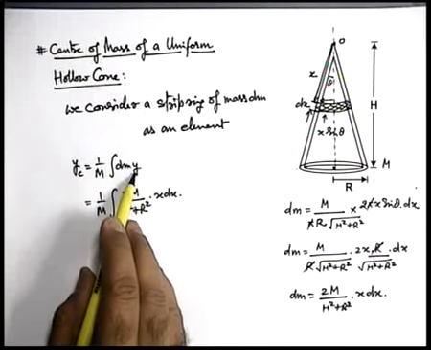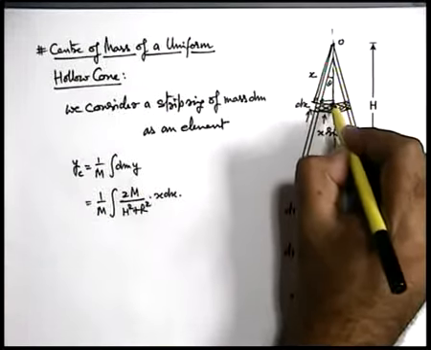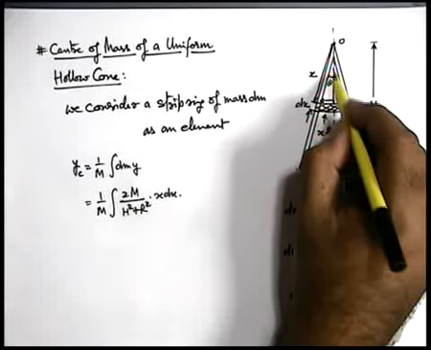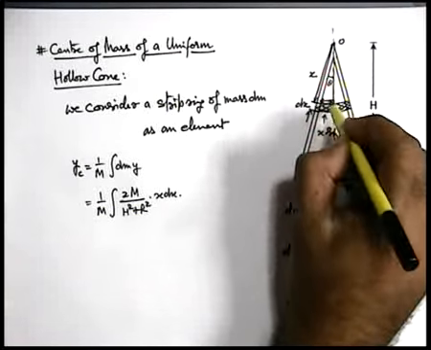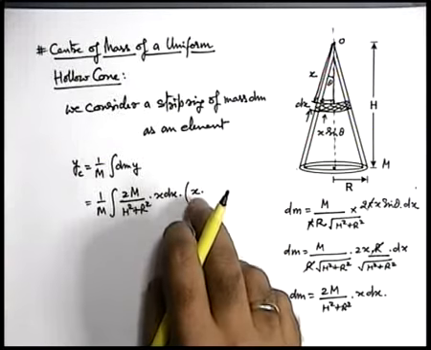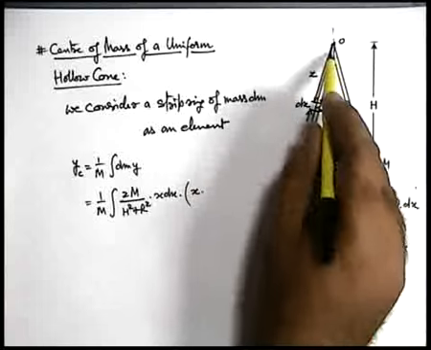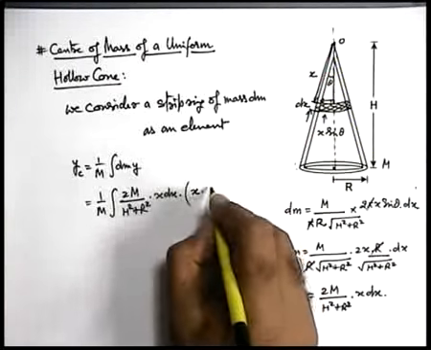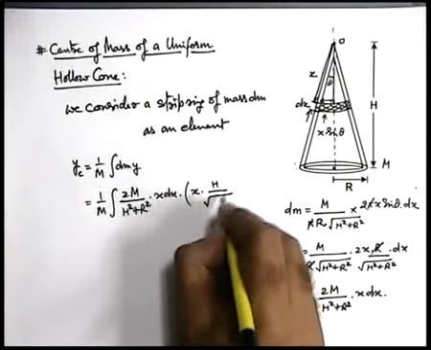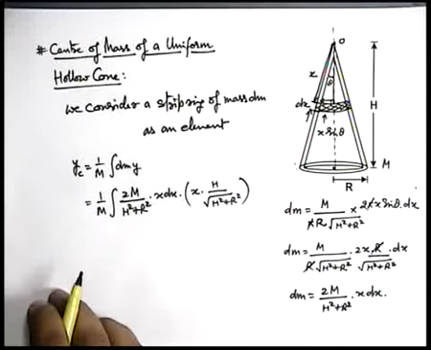And again, if we talk about this y coordinate, if this is x, this is theta, it can be written as x cos theta. Y coordinate I'll write x into cos theta, and here cos theta can be given by h upon root of h square plus r square. This is the way how I write cos theta.